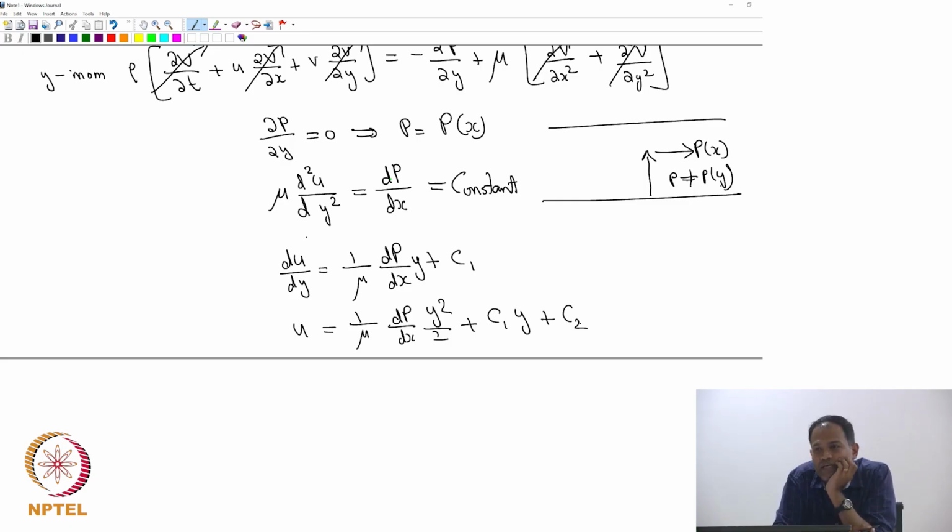So that's what my velocity field is going to be, and c1 and c2 will be the constants coming out of integration, and you have to find that out from the boundary conditions, okay.